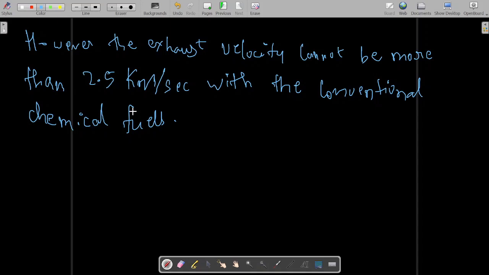Your car or motorcycle goes in 1 minute it goes 1 kilometer. Okay, what is the speed of your motorcycle? 1 kilometer per minute. This is approximately the speed of your motorcycle, that is in 1 minute it will go 1 kilometer, but over here in 1 second itself it is going 2.5 kilometer.